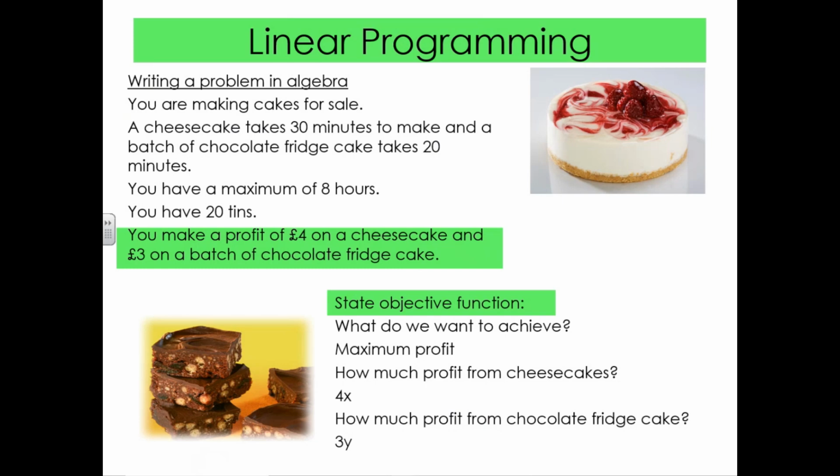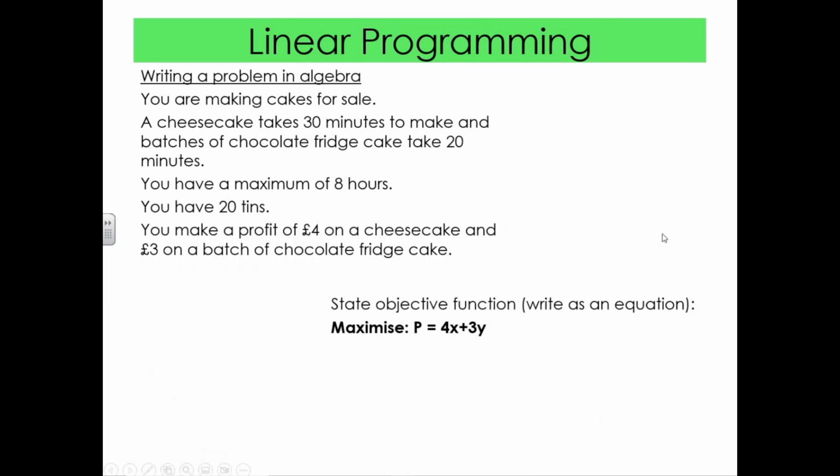We make £4 times the number of cheesecakes, which is 4x, and £3 times the number of fridge cakes, which is 3y. So the total profit is 4x plus 3y. State that you're going to maximize, use a letter for profit, so P equals 4x plus 3y.